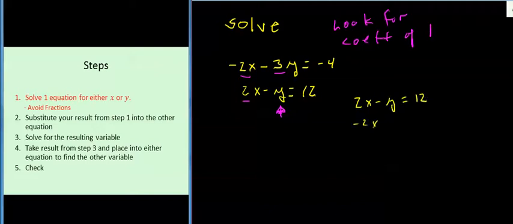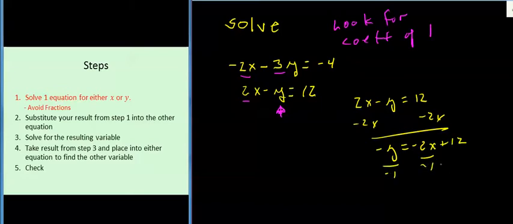Subtract 2x. Negative y equals negative 2x plus 12. And I divide by negative 1 to everything. And I get y equals 2x minus 12.